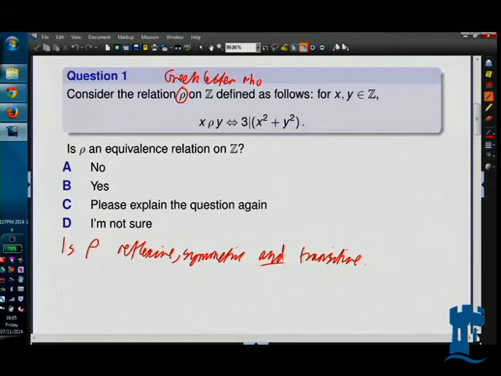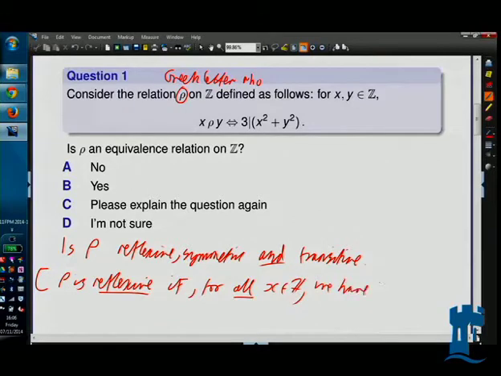Now, what does reflexive mean? So rho is reflexive if for all integers, or all x in Z, we have x is related to x, not just some but all.